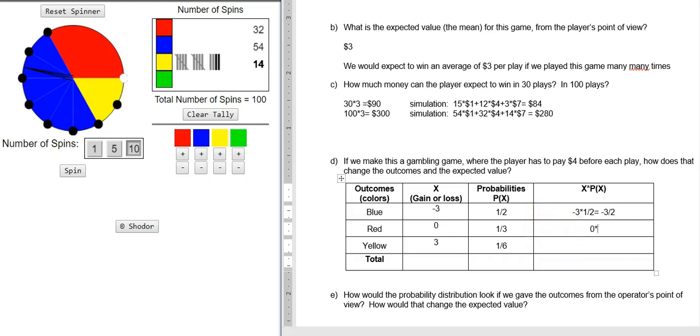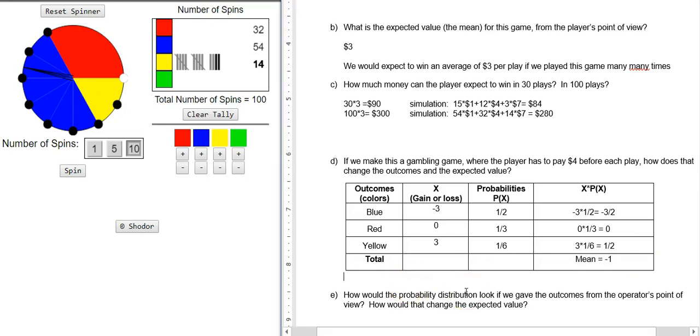This one is 0 times 1/3, which is going to give me a 0. This one is a +3 times 1/6. That's going to give me a +1/2. If I add these 3 together, the -3/2, the 0, and the 1/2, that's going to give me an answer of -1.